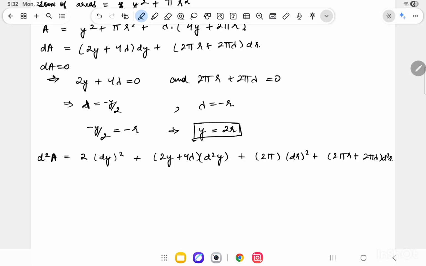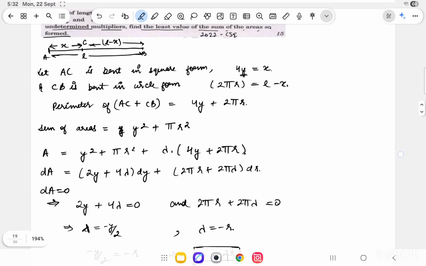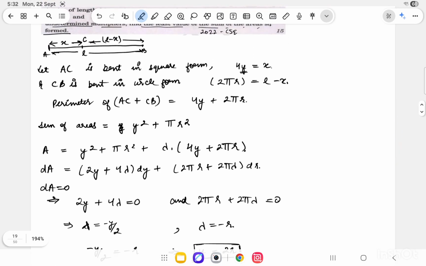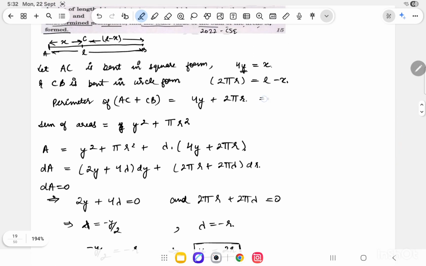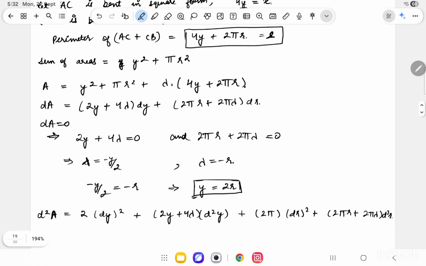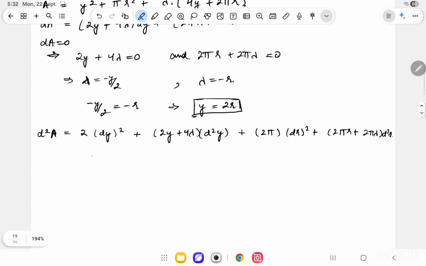Now using this relation, that is y equals 2r, I can easily find the values of y and r in terms of some constant, because my parameter is a constant, it is equal to the total length of wire. So my relation is L is equal to 4y plus 2 pi r, but my y is 2r, so it will be 4 into 2r plus 2 pi r.